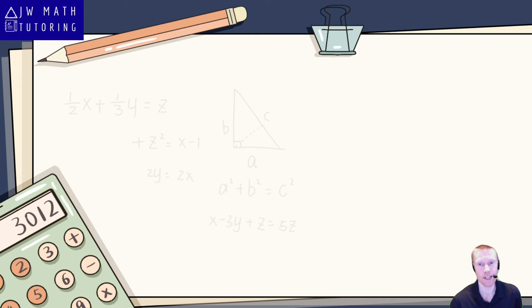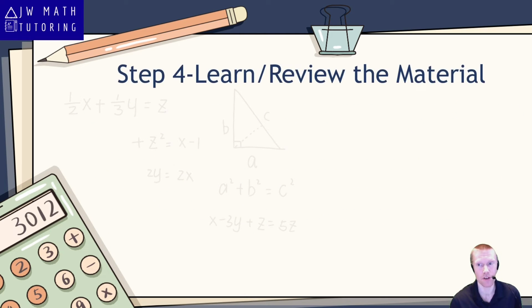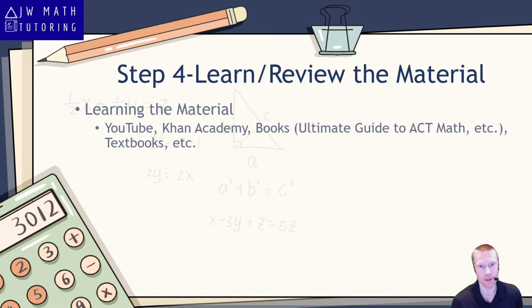Now, once you've identified the areas that you're going to focus on, then you've actually got to go ahead and learn or review the material. So where do you learn the material? Where do you review material that maybe you learned in class previously but have since forgotten? In terms of learning the material, there are multiple places online you could go. Obviously, YouTube is a good resource. Khan Academy is a good resource.